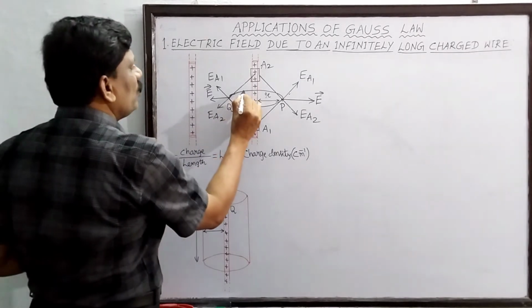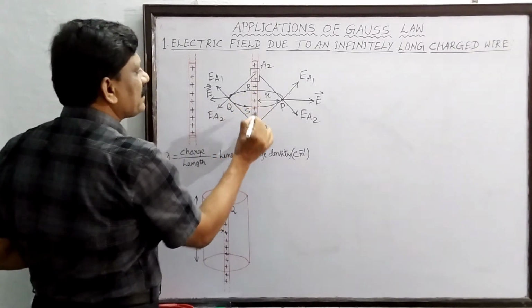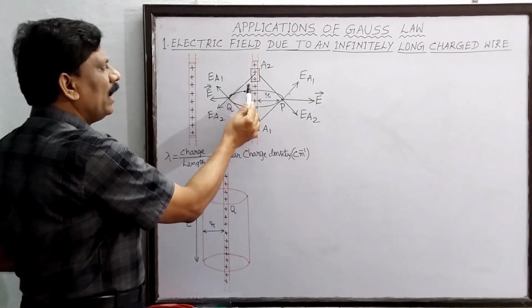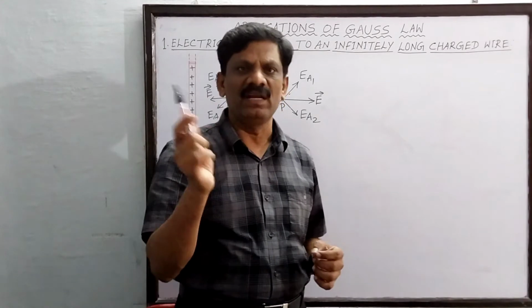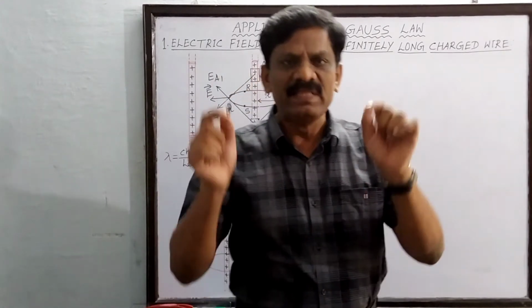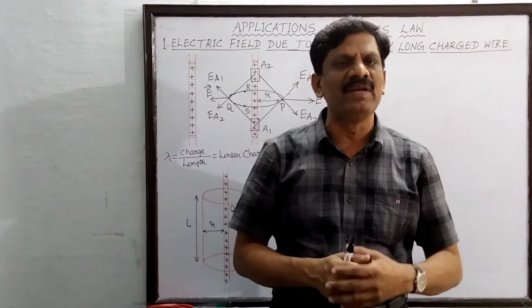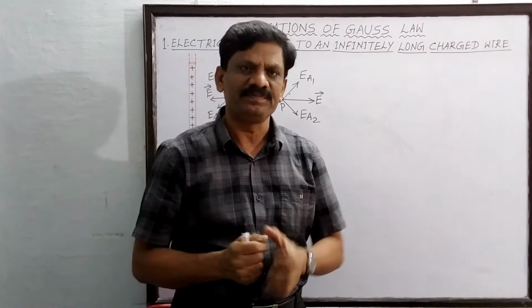I will consider two more points, one is here R, the other point is S. So P, Q, R, S, like that several points if you take on the same circle of the same radius, the magnitude of the electric field will be the same at all points, and that is denoted by E.